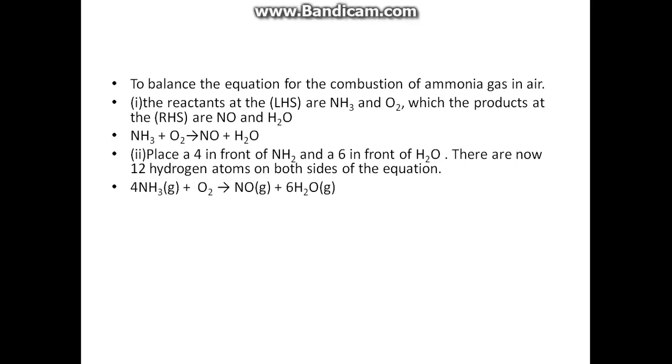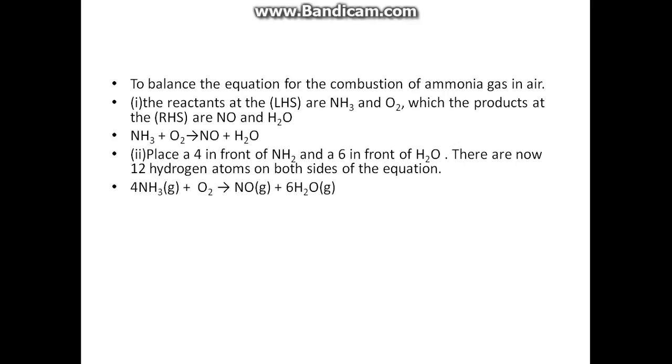The hydrogen is now balanced, but the nitrogen at the product is still not balanced with the nitrogen at the reactant. The nitrogen in nitrogen oxide is 1, while the nitrogen inside the ammonia is 4. Likewise, oxygen is not balanced.